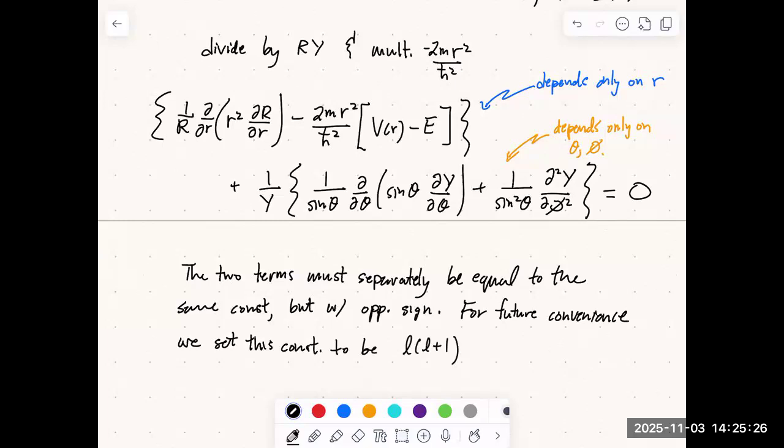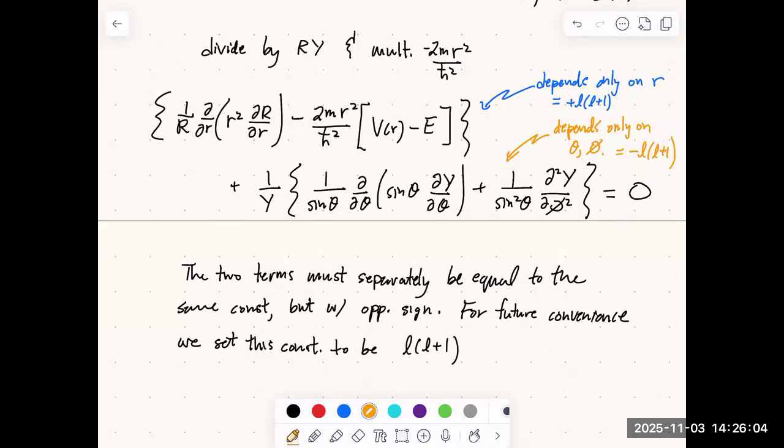Okay, so specifically, what that means is I'm going to make this R term equal to plus L times L plus 1, and I'm going to make this angle term equal to minus L times L plus 1. All right, so right now, those are just constants. We will attach some physical meaning to L a little bit later, probably Wednesday or maybe next week.